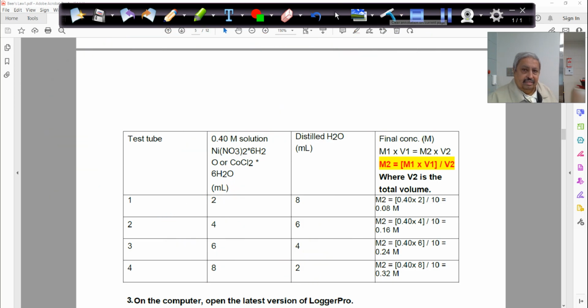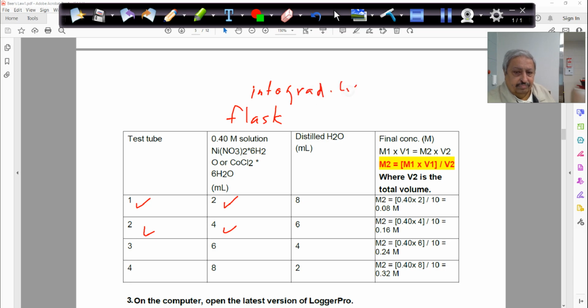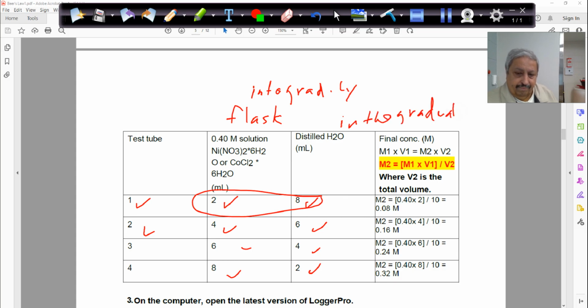Look at this. Here they are, with 2 mL in test tube number 1. This is test tube 1, 2, 4. That's the solution from the flask into the graduated cylinder, and this is H2O here in the graduated cylinder, this one in the graduated cylinder, and here.